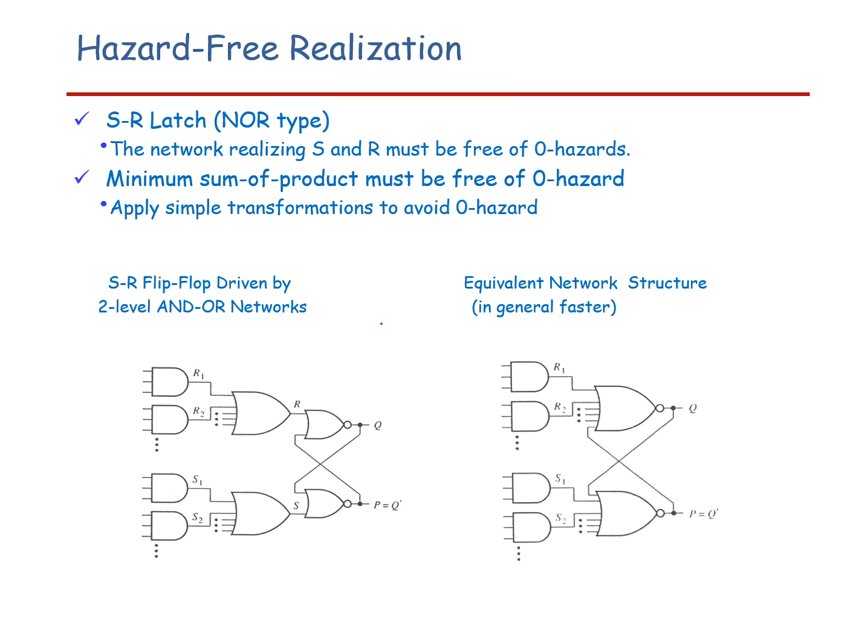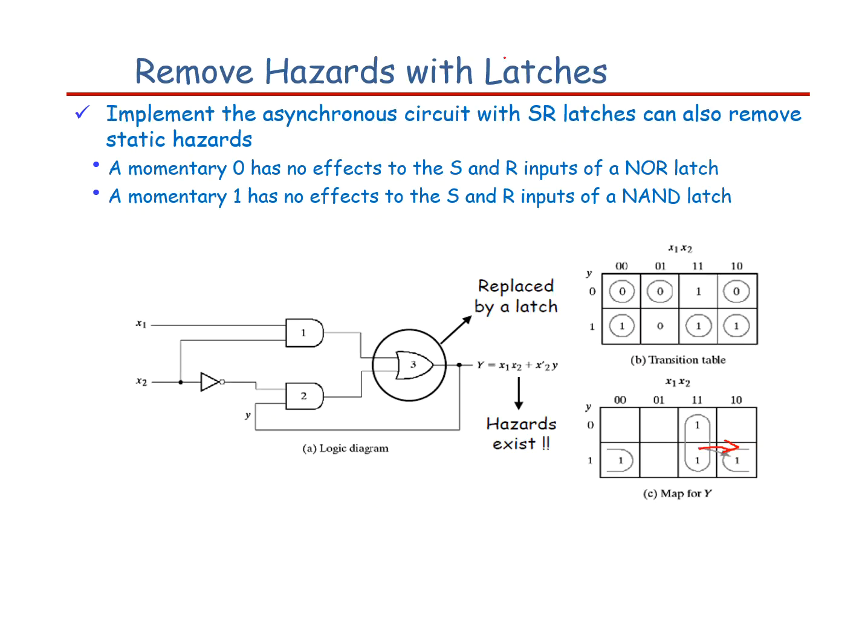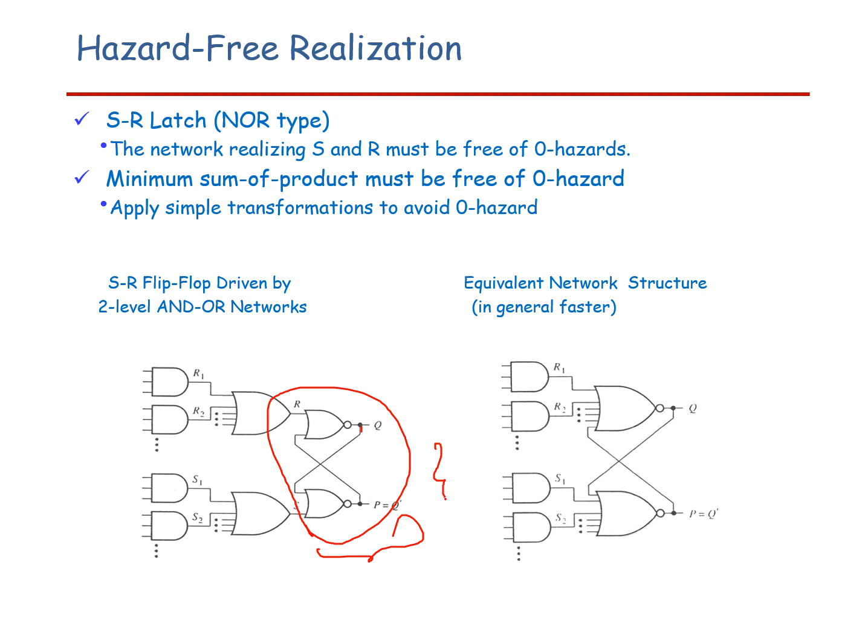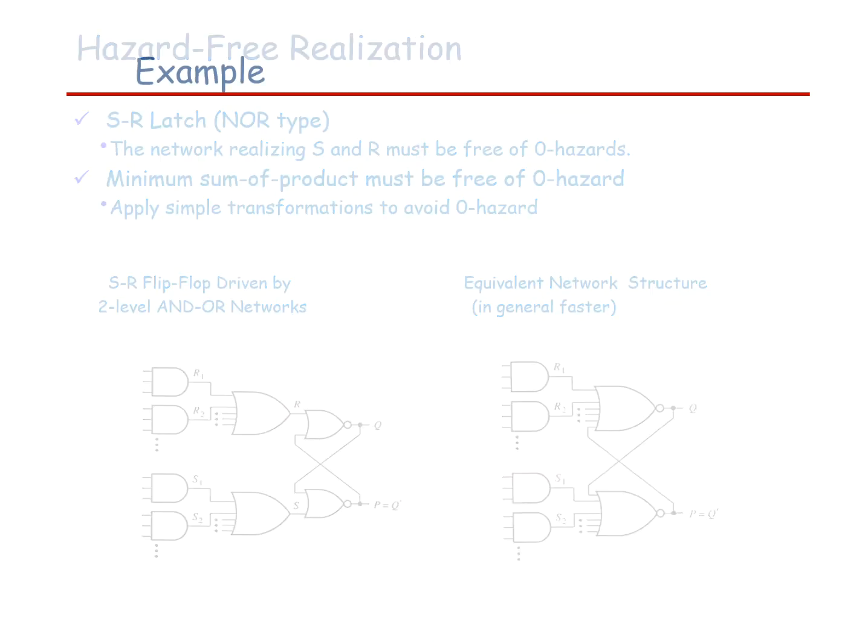A single SR latch can be considered, using a NOR gate in which the output is connected back as an input. The feedback case is considered. If you add the NOR latch at the output, the hazards can be eliminated, because a momentary change of 0 has no effect in an SR latch of NOR. That is why a NOR gate is added here at the output to eliminate the momentary 0 hazard.